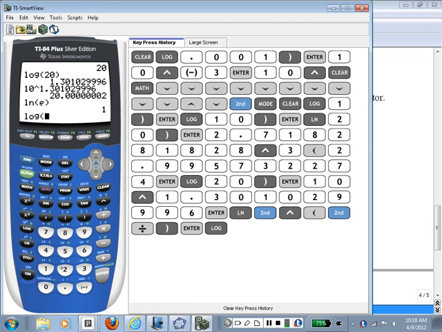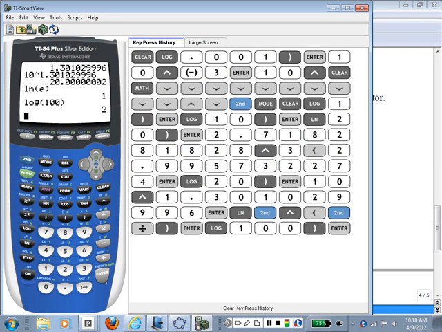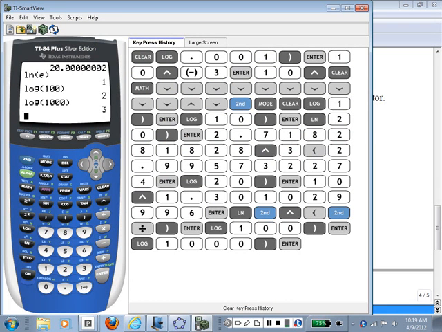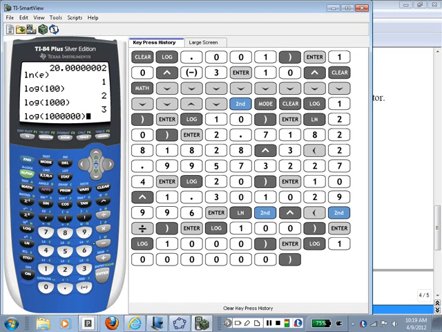So if I press log of 100, that should equal 2. What power can 10 be raised to get 1,000 as the answer? 3. What power can 10 be raised to get 1 million as the answer? You're thinking 6.